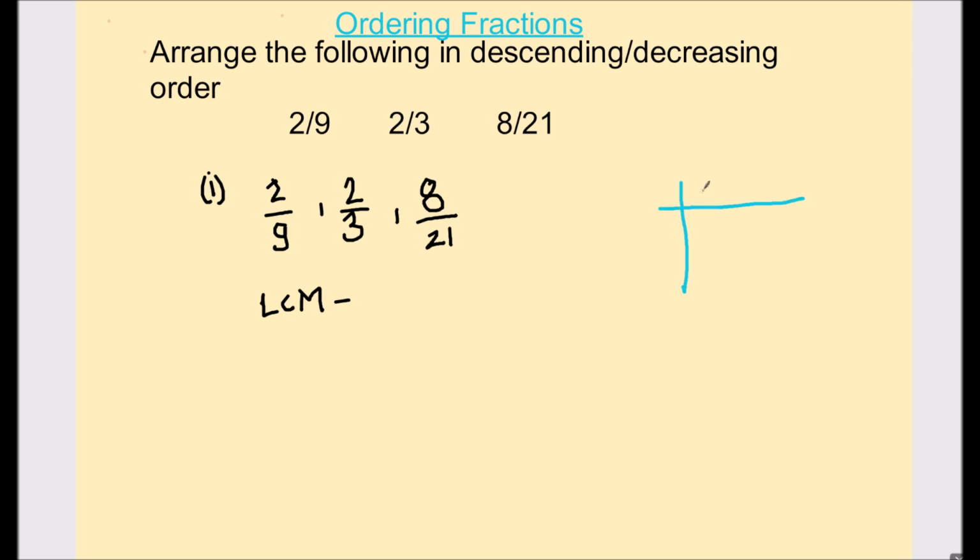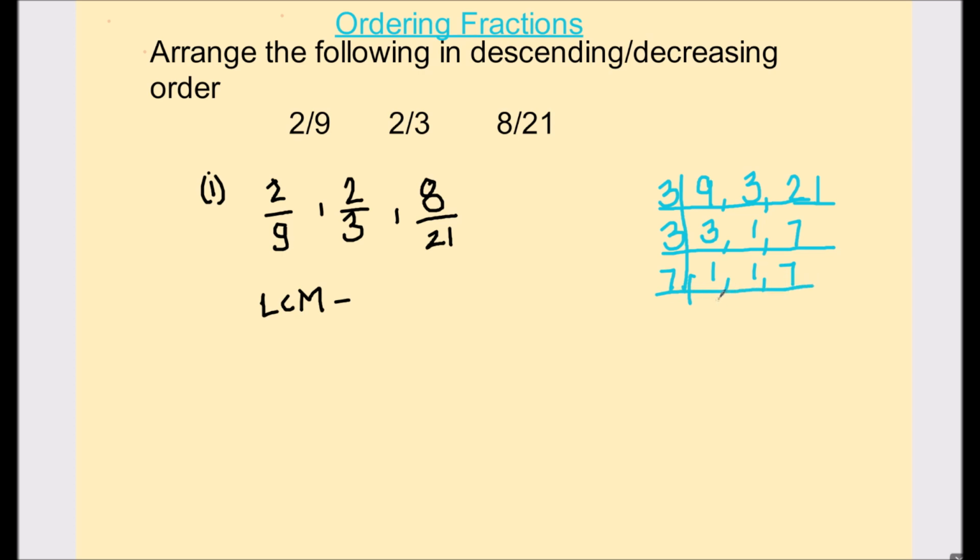Our three denominators are 9, 3 and 21. All three are divisible by 3, so we can use 3 to divide the three numbers. 3 times 3 is 9, 3 times 1 is 3 and 3 times 7 is 21. Again we are going to use 3. 3 times 1 is 3, this is 1 and 7 will be as is. Next number is 7.